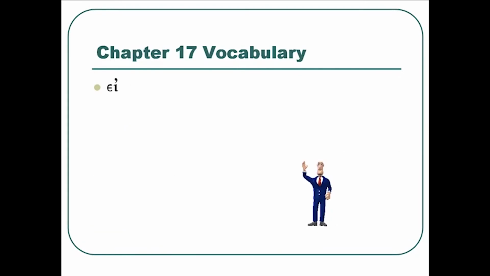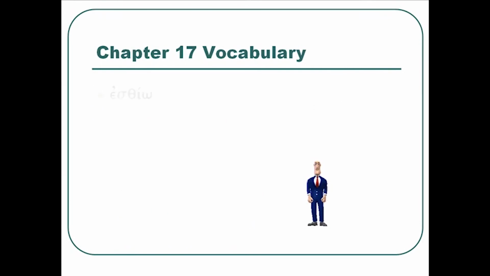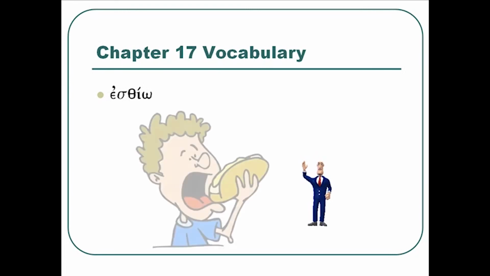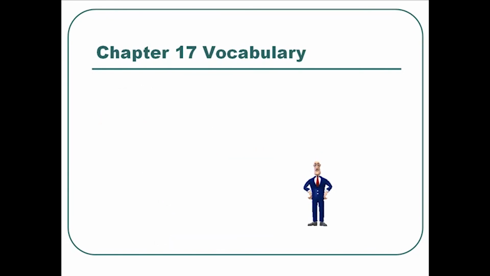Now the vocabulary for Chapter 17. Our first word is ei, and it means if or that. Our second word is esthio, and it means I eat.